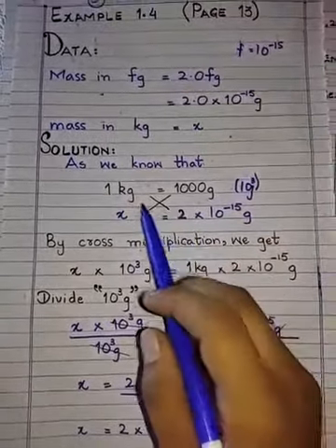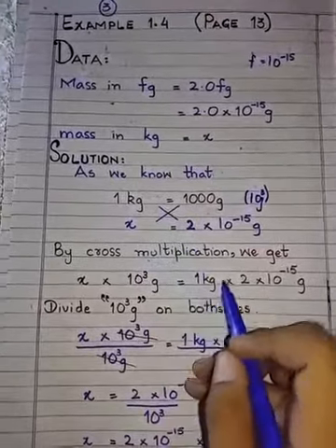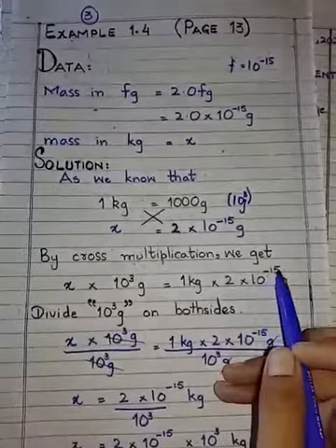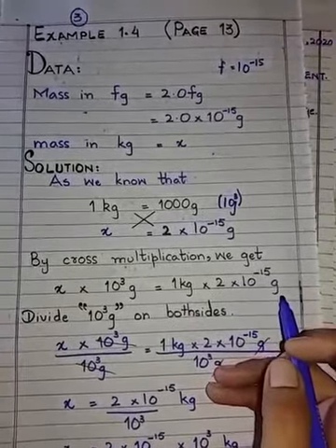Multiply by 1 kg multiplied by 2 into 10 raised to power minus 15 gram.